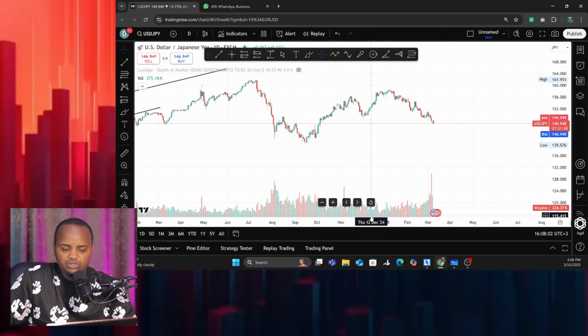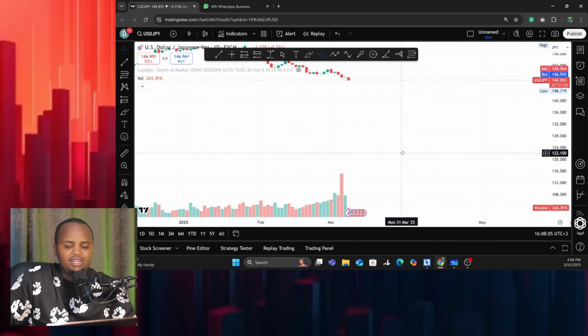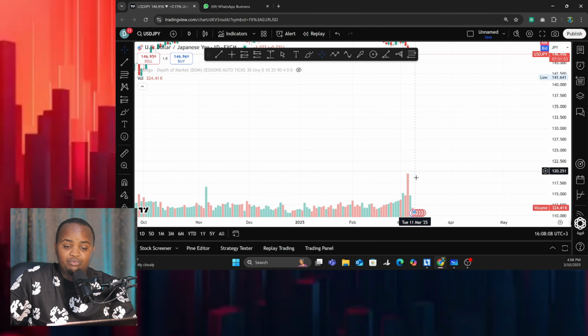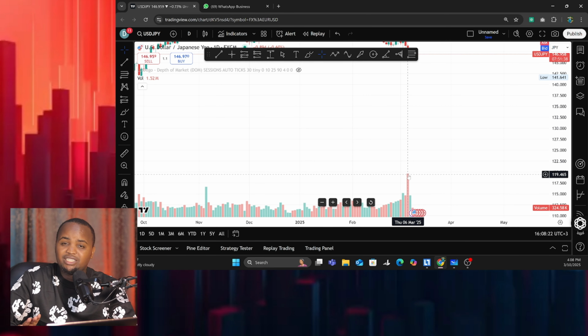This volume does not really specify the price level. It just shows you that at a certain time, on Thursday 6th March 2025, there was a very big volume entered across this zone, but it's not a specific price. So this is probably going to be a lagging indicator, and that is what we are talking about right here.